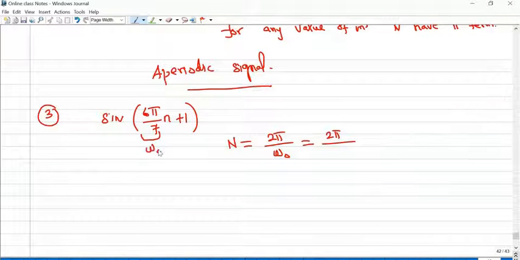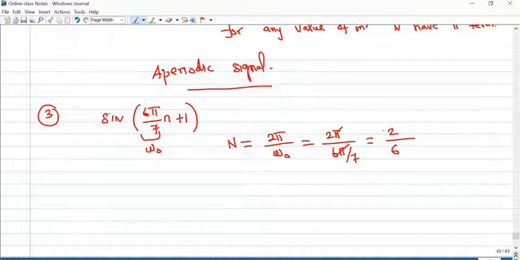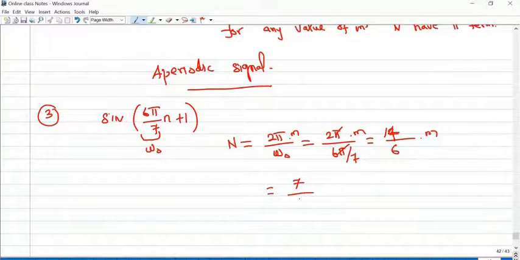So 2 pi by 6 pi by 7: pi will be cancelled, 2 divided by 6, 7 goes on top, 14 by 6, dot m. First simplify this 14 by 6: 7 2s are 14, 3 2s are 6, dot m. Now select the smallest positive integer m such that the capital N is a rational number.